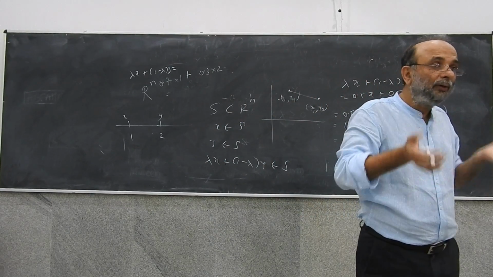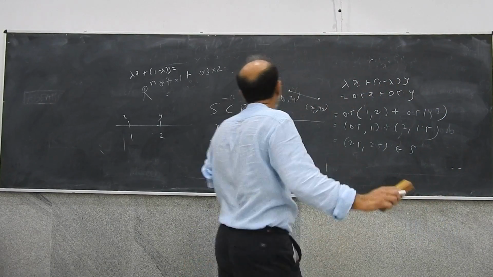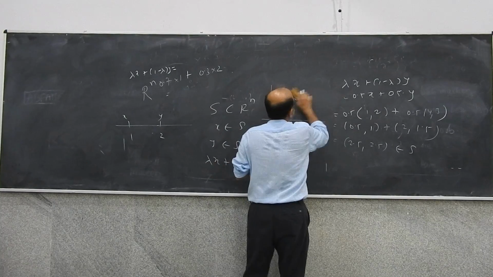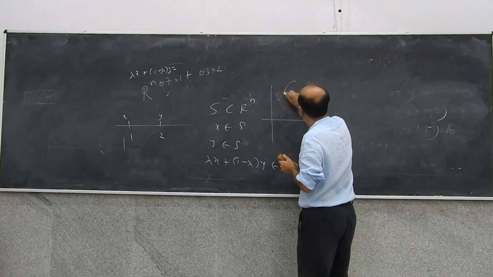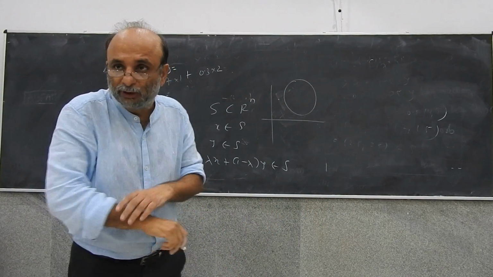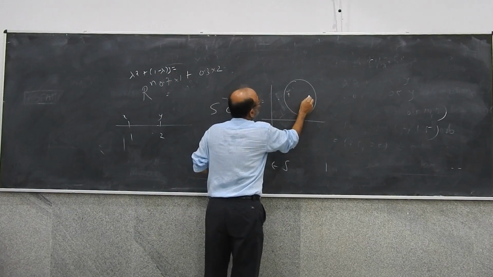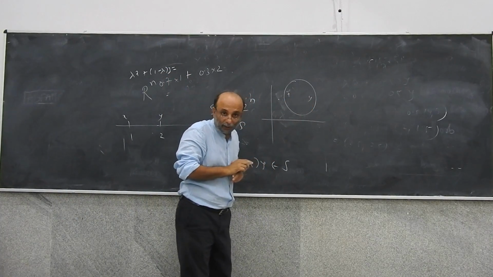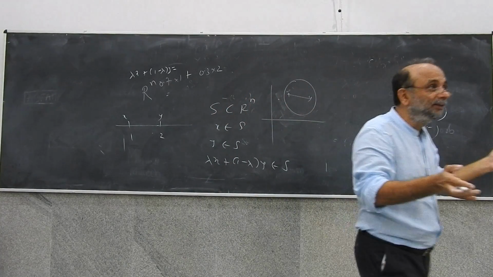So in R2 we have a very intuitive definition of a convex set. A set in R2 is convex if you take any two points x and y, the line joining these two points must lie entirely within the set.